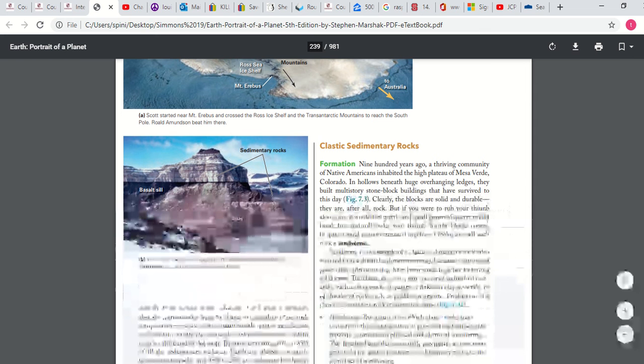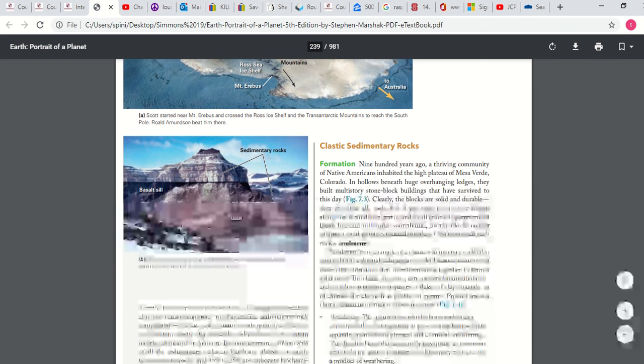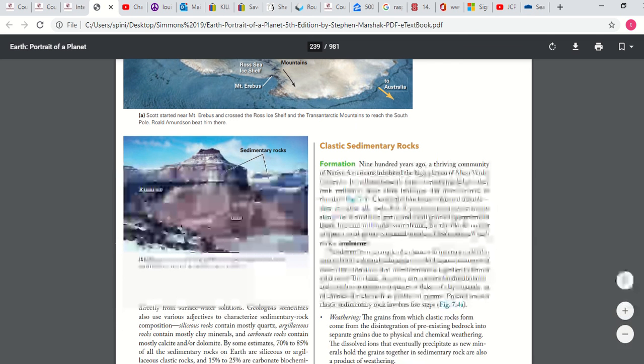Specifically, let's look at the clastic rocks. And again, probably one of the most obvious of those is sandstone. It's called sandstone because it's literally made of sand. So these are sand particles. These are little pieces of rock that have weathered off of larger rock, have been eroded away, and have been moved somewhere, usually downwind or down a river into a lower area.